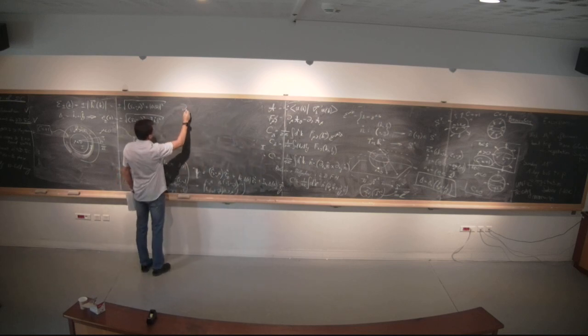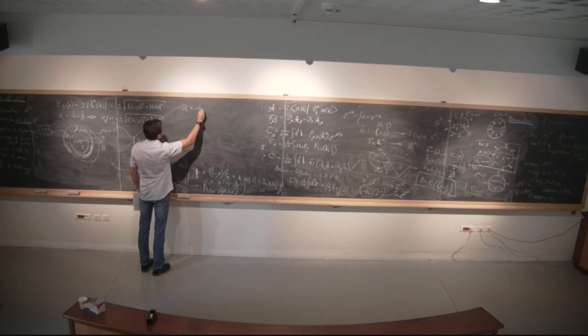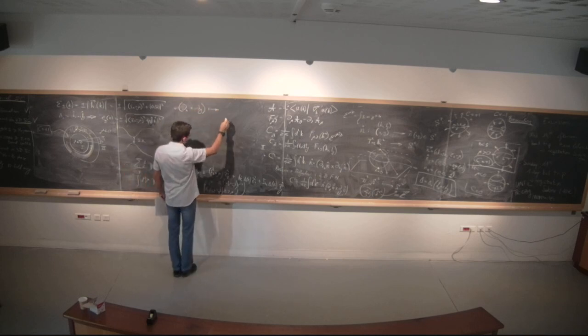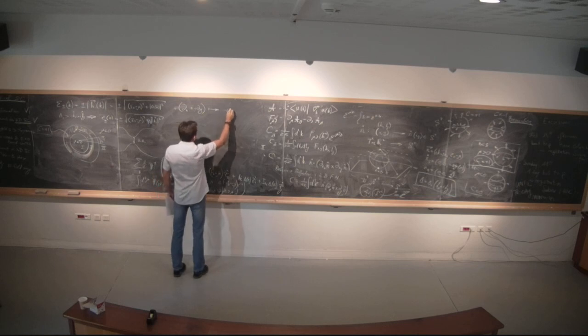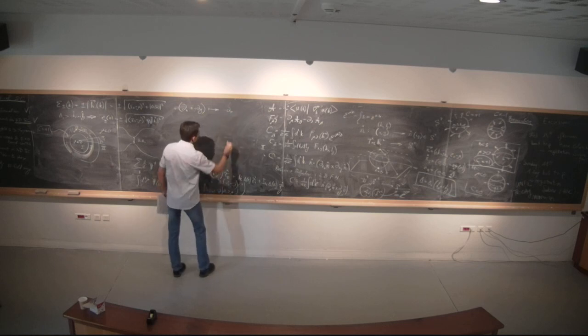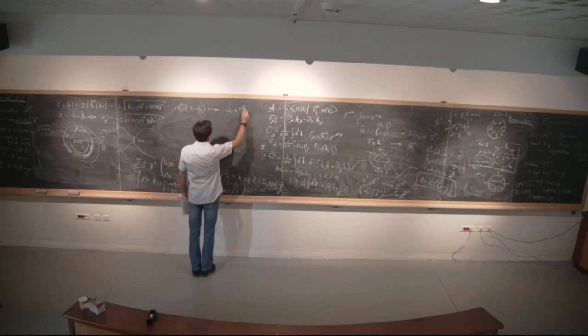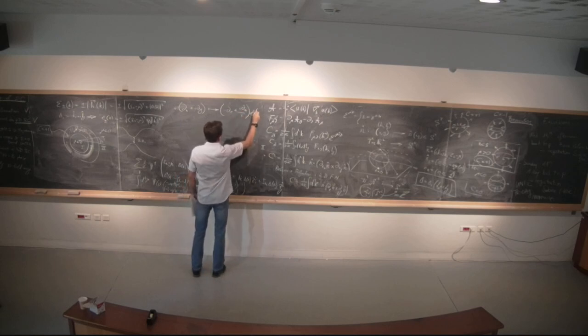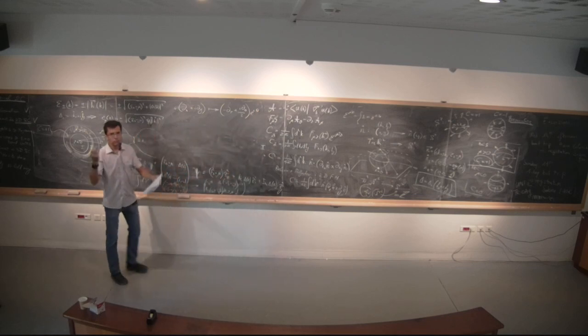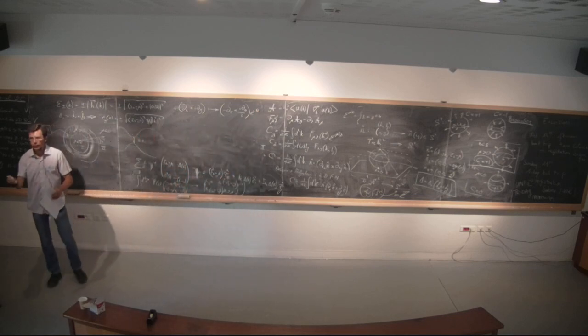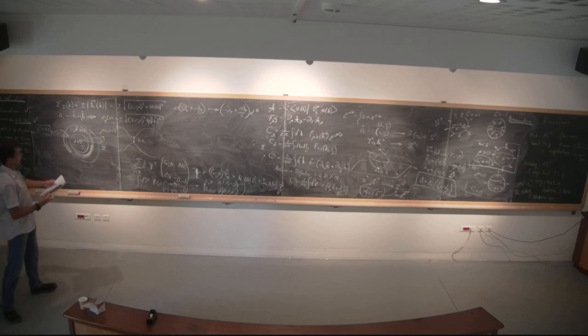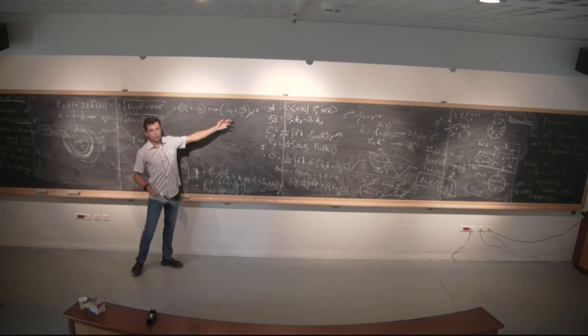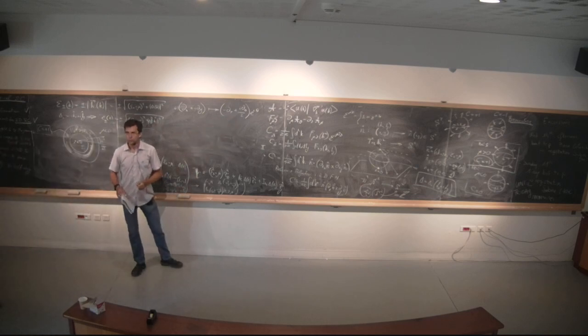What I said in words is that dx plus i dy could be written as minus dr plus i d theta over r, multiplied by e to the i theta. You could just do it by hand, or you could look it up in any mathematics book. This is just how the derivatives look in polar coordinates.